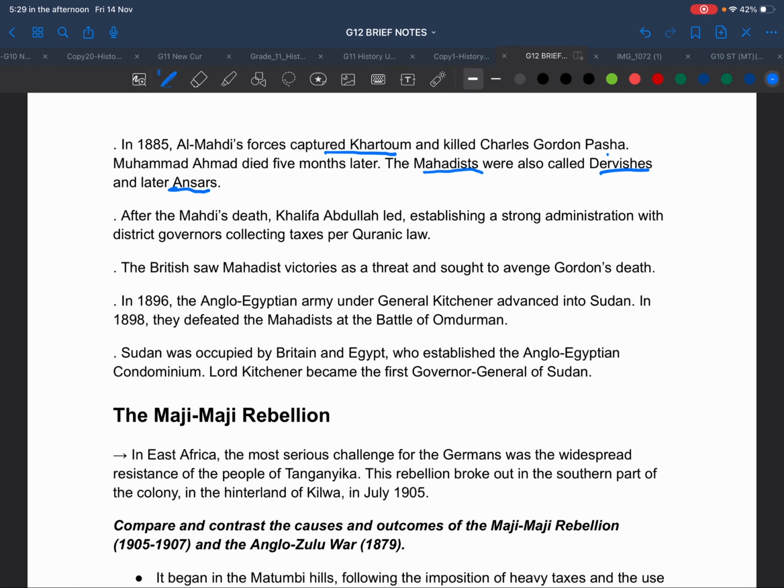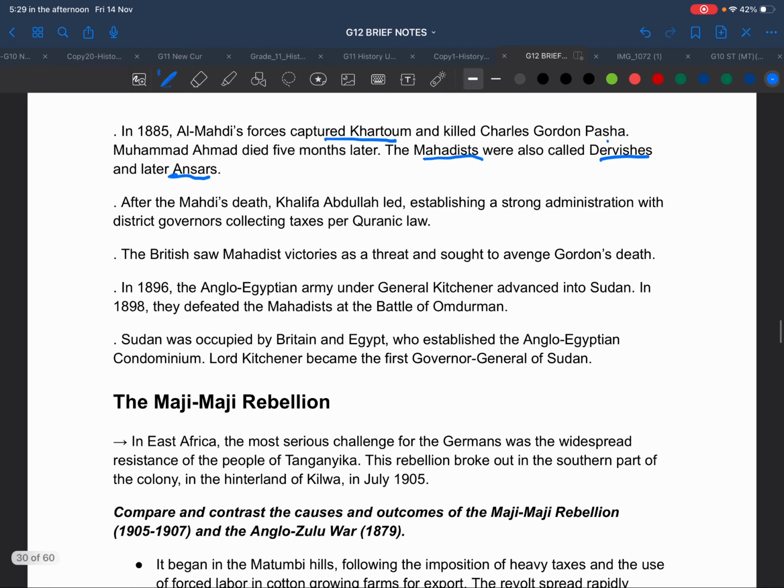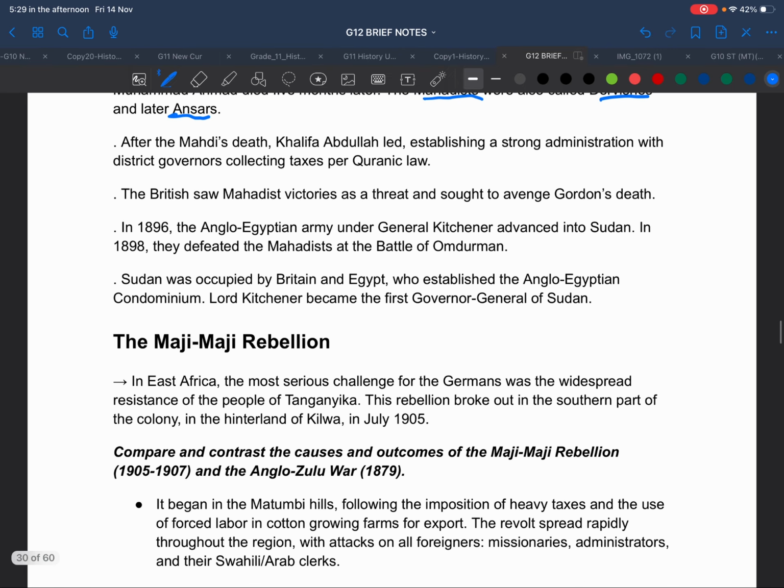After the Mahdi's days, Caliph Abdullah led, establishing a strong administration with district governors collecting tax per Quranic law. According to the Quranic law, just taxes began to be collected.